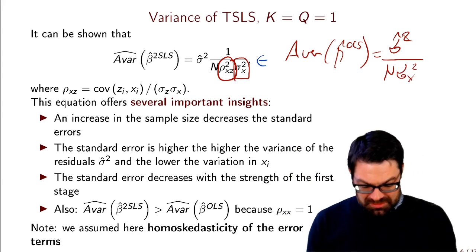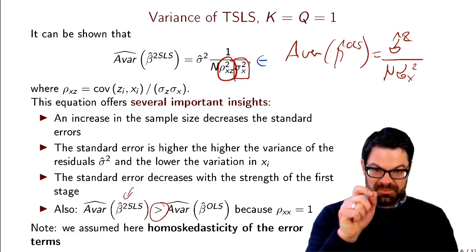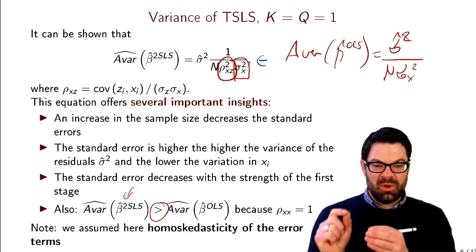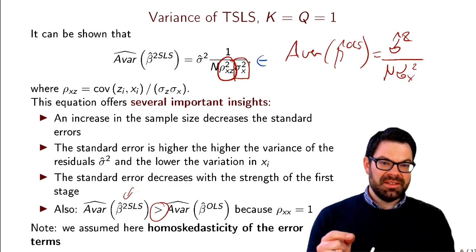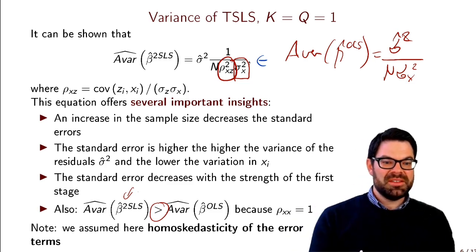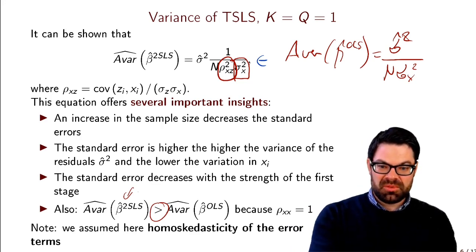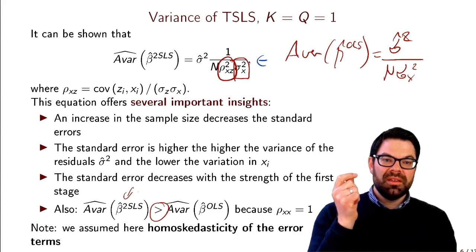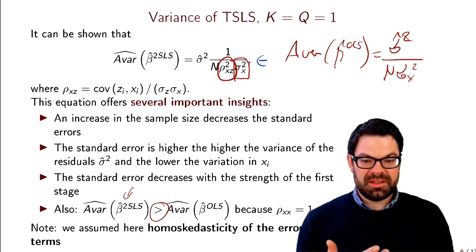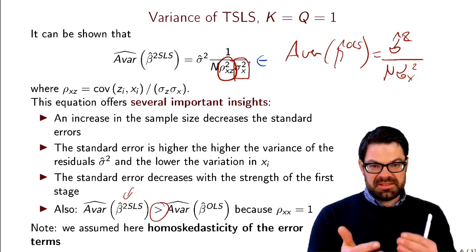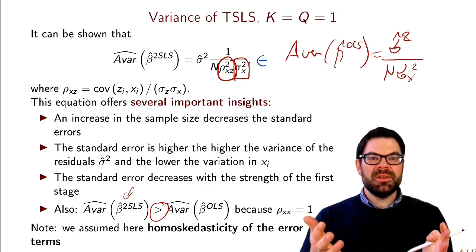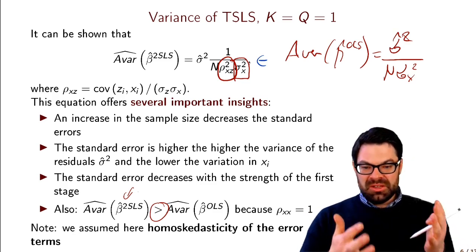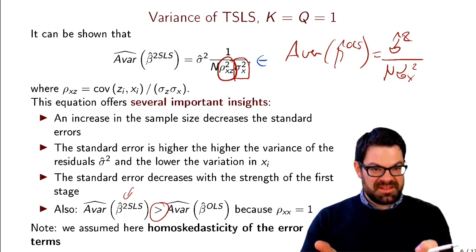Why? Because the asymptotic variance of the 2SLS estimator, of the IV estimator, is always bigger than the asymptotic variance of the OLS estimator. Right? Because there is this imperfect correlation between the instrument and the regressor of interest. And that's an important insight. So the statistical inference will always be on more shaky grounds when you use an instrumental variable estimator than when you use OLS.